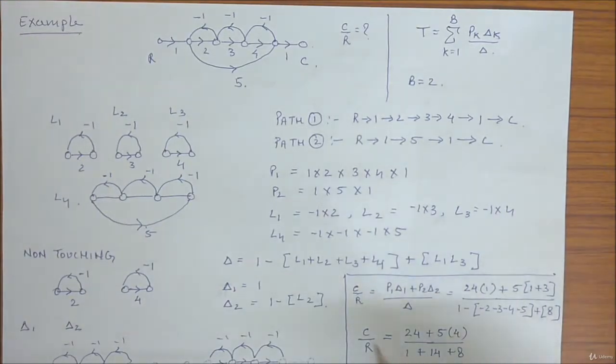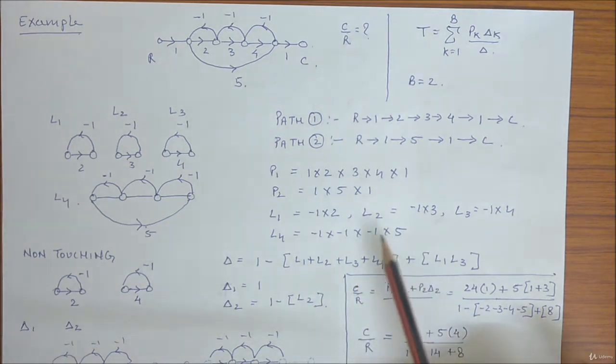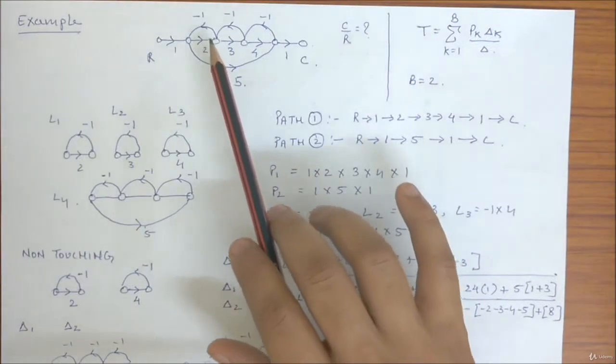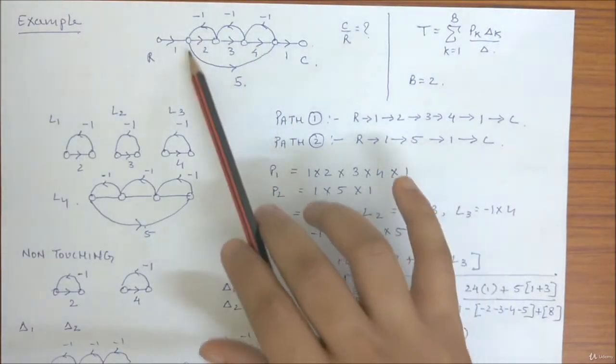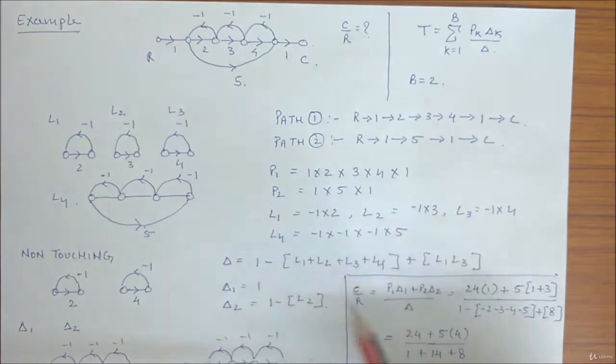So now we will calculate the delta because we have loop gains. 1 minus L1, L2, L3, L4, these are the individual loop gains, plus L1 L3. If you watch carefully here, these 1, 2, 3 and bigger is 4 loops.